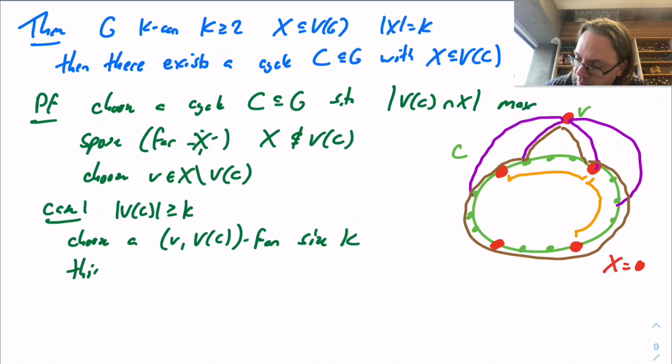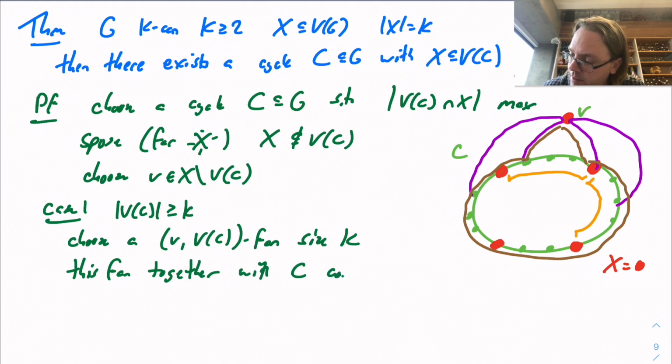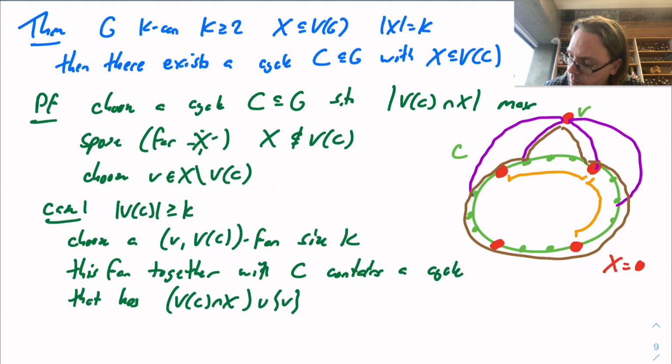So this fan, I mean, I'm not writing this very precisely, but this fan together with C contains a cycle that has all the vertices that you had before that were in the set X, but also has the vertex V, and that's a contradiction.